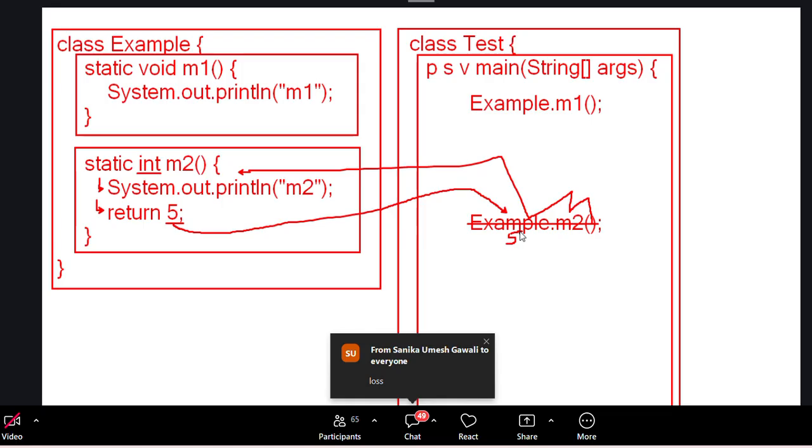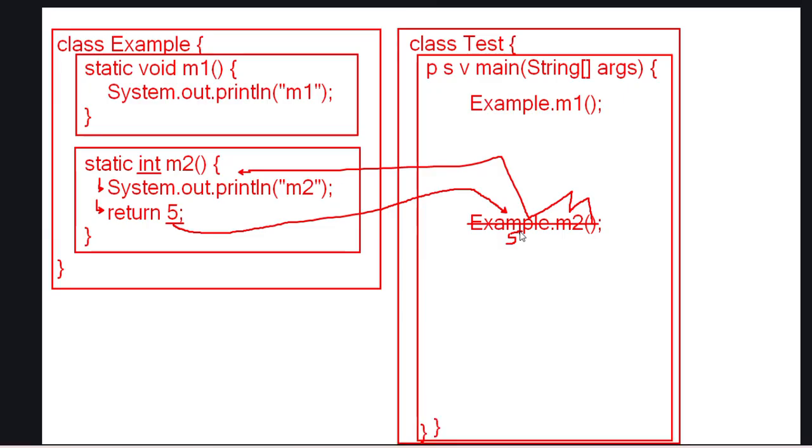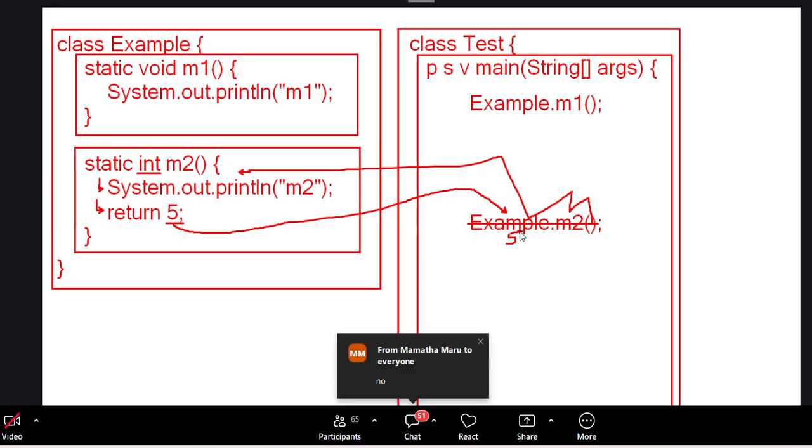No. I just called the method. Control went to the m2 method, executed, and the value returned to my test class. Inside the test class, did you assign that method call to a variable to store the return value? No. Did you pass the return value to a print statement? For printing, System.out.println is required. For storing, a variable is required. You didn't use a variable, you didn't use println. Then what happened? The return value is lost.